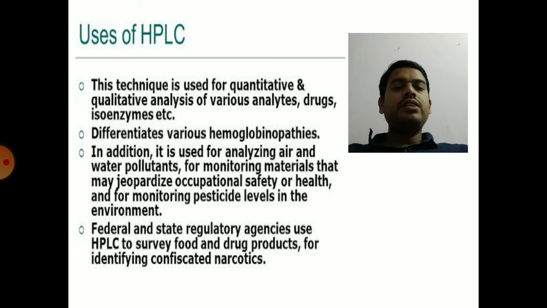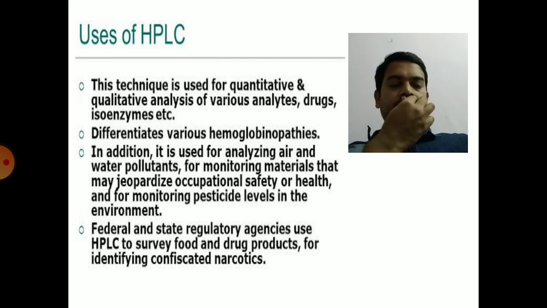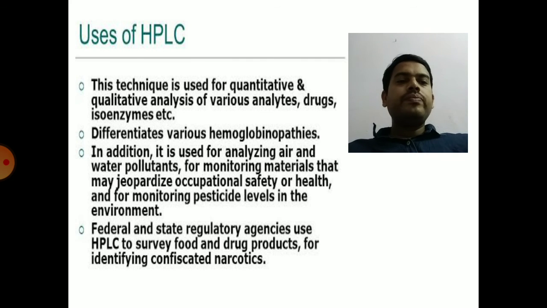As I mentioned, federal and state regulatory agencies use HPLC to survey food and drug compounds and to identify confiscated narcotics. So narcotics can be identified by using HPLC. That means drugs and also foods that contain drugs can be identified by using high performance liquid chromatography.